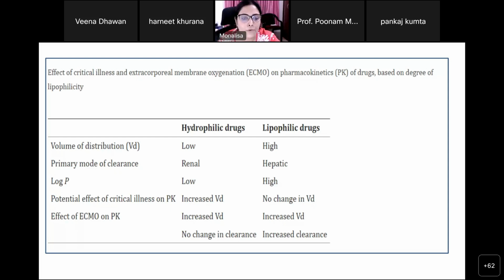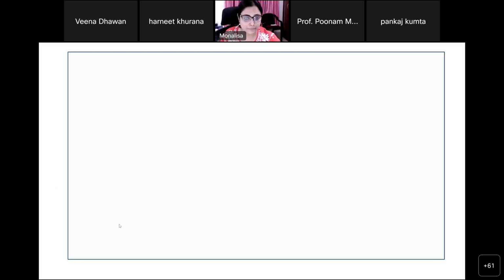Also, the primary mode of clearance of hydrophilic drugs is renal, and the primary mode of clearance of lipophilic drugs is hepatic. And the potential effect of critical illness on PK of these drugs is an increase in volume of distribution of hydrophilic drugs. And with ECMO, there will be an increase in volume of distribution. For lipophilic drugs, there will be no change in volume of distribution because of critical illness, and there will be an increase in volume of distribution because of ECMO.